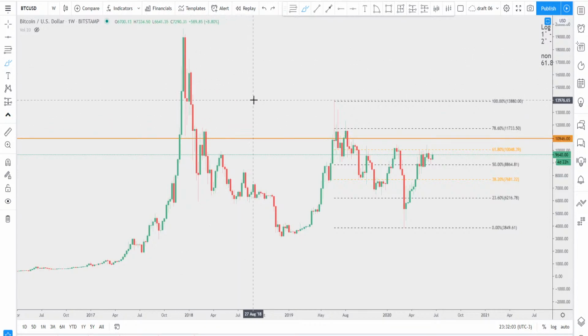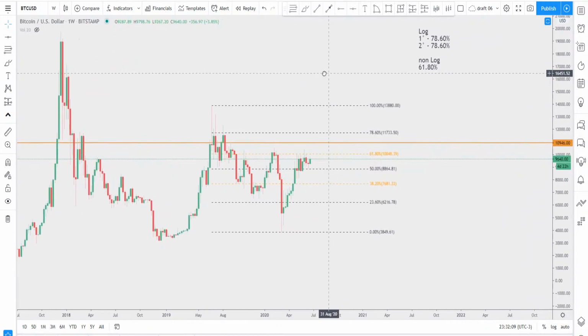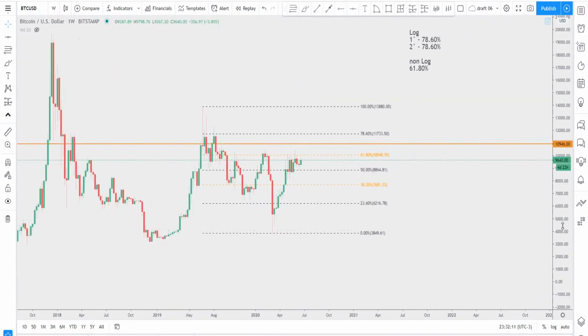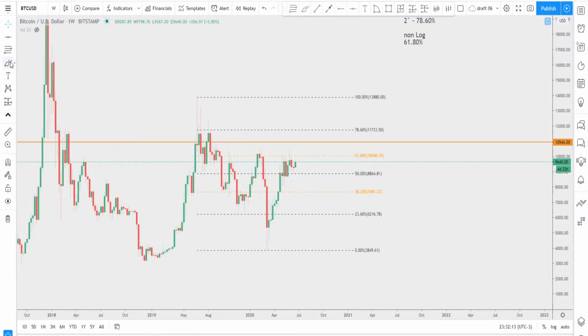So it's like a pit stop or a permission level. Very significant. And in my humble opinion, even if we are able to pierce 10,000 again, I don't believe we will make it above 10,946.